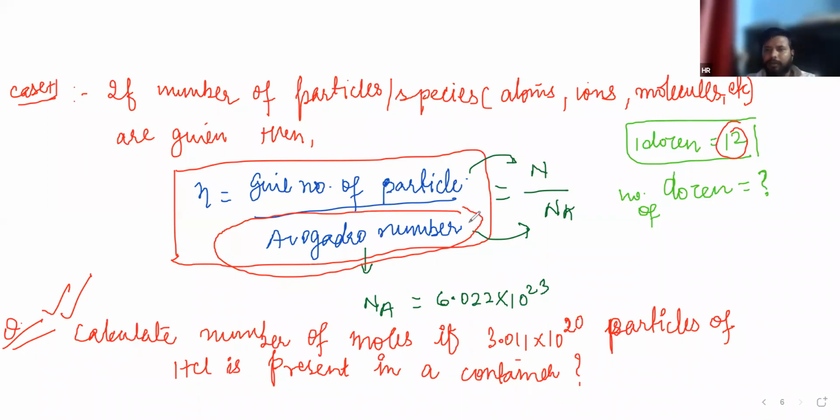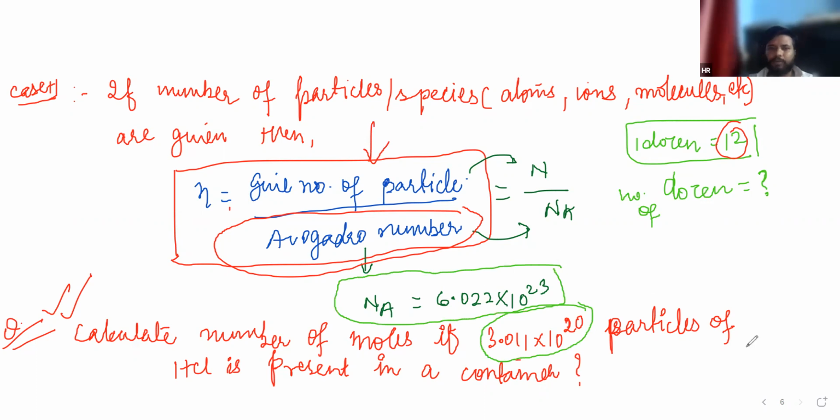Whenever numbers like number of particles, atoms, ions, molecules, or anything are given in number, and we have to calculate number of moles, then we use the formula number of moles is equal to given number of particles divided by Avogadro number.